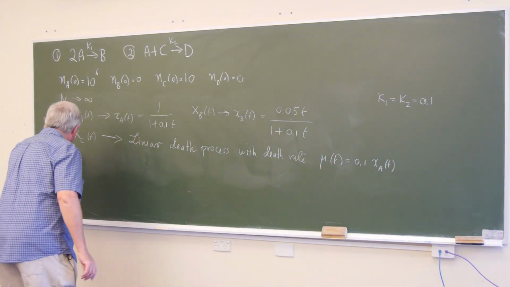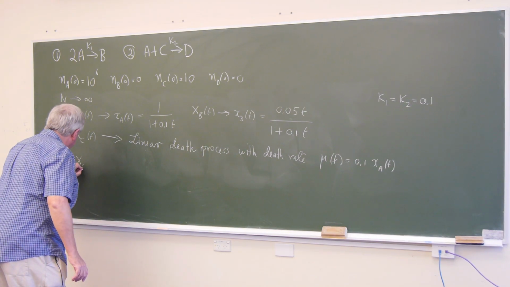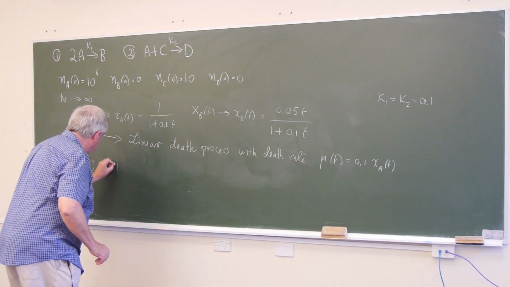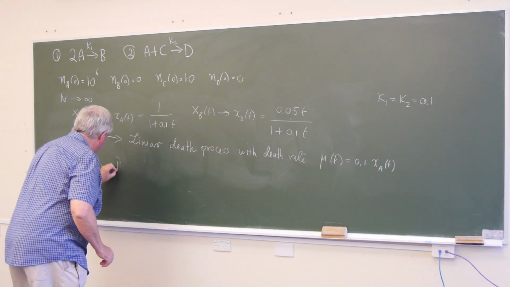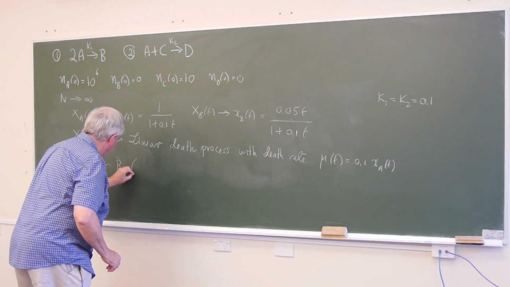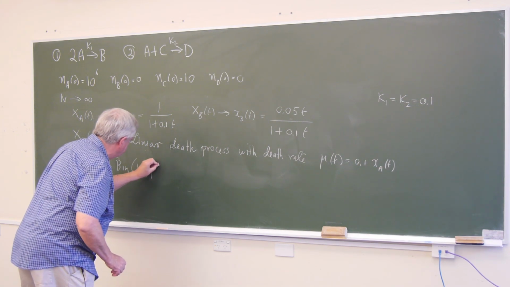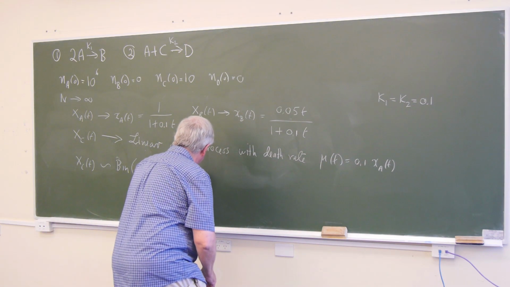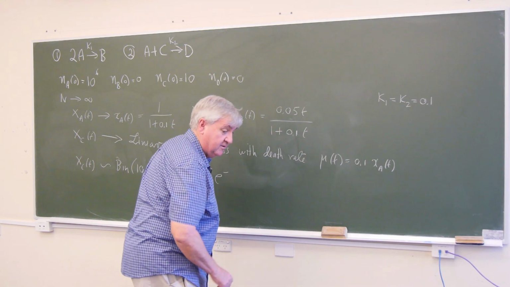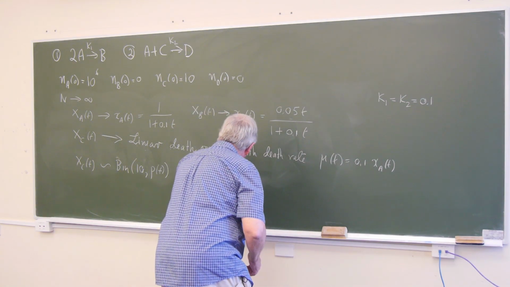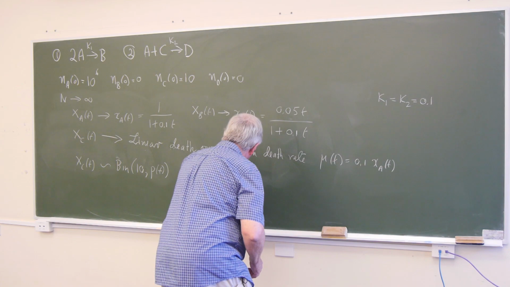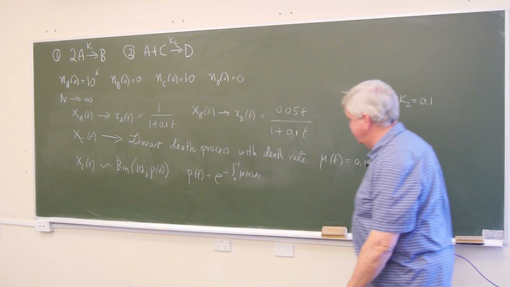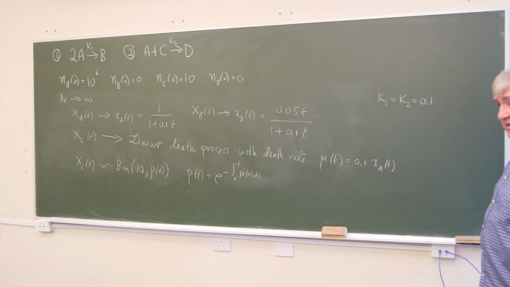For example, the number XC, which remember hasn't been scaled, has a binomial distribution with parameter 10 and success probability p of t, which changes with time. Just reading off what many of us know from standard theory of the death process, that's the success probability, e to the minus the integral from 0 to t of mu of s ds.